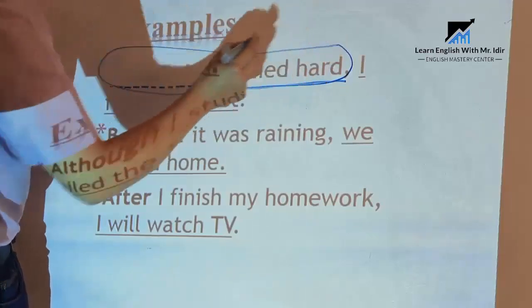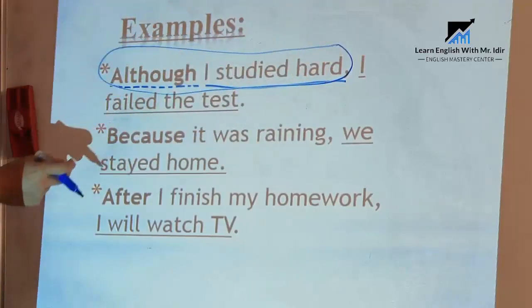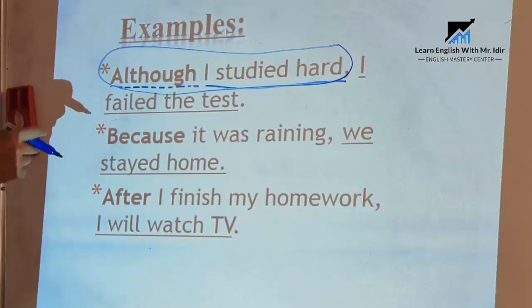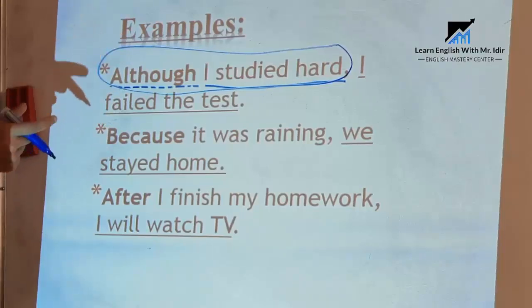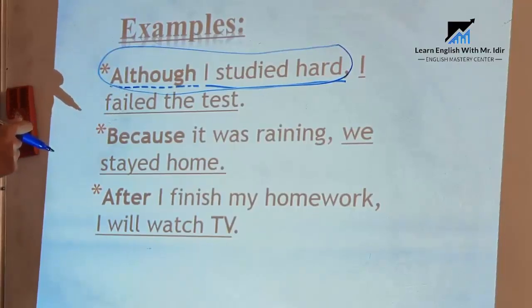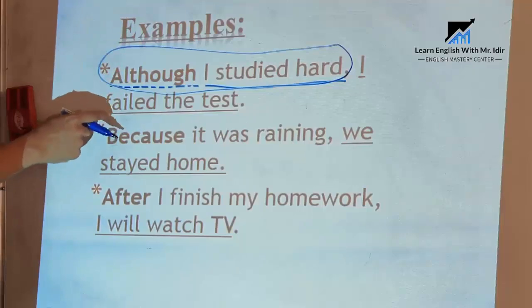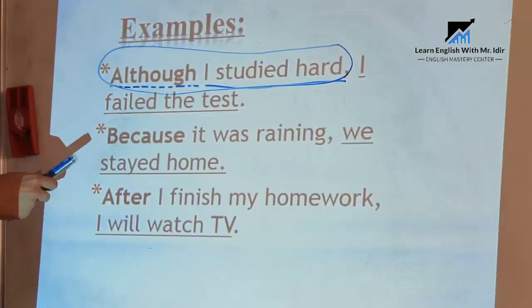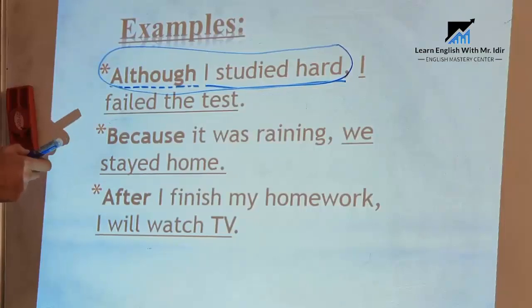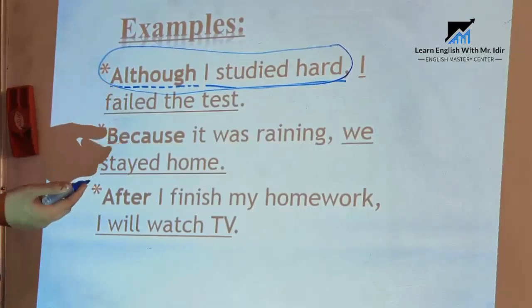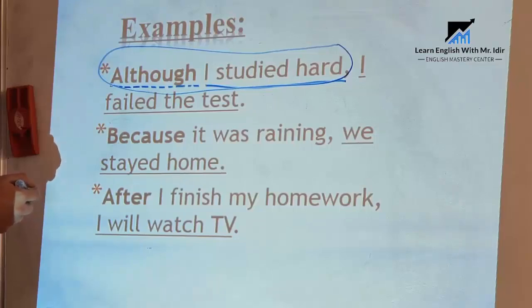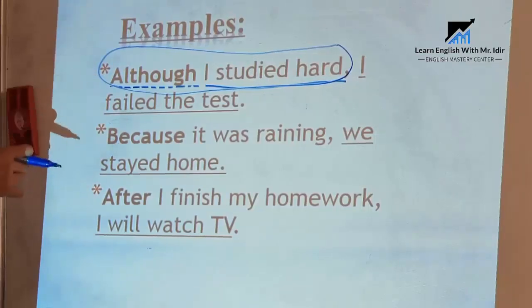When we say, although I studied hard, does this clause have meaning? Of course not. It must be followed by an independent clause. When I say, I failed the test, it is an independent clause because it has a meaning. It can stand alone.